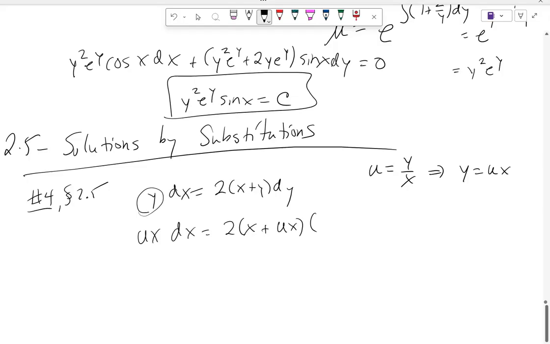Here's the quote-unquote tricky part: I have to plug something in for dy. Y is now a product of two functions, a u and an x, so I have to use the product rule. That's not too bad, though. That's u dx plus x du. That's the substitution.